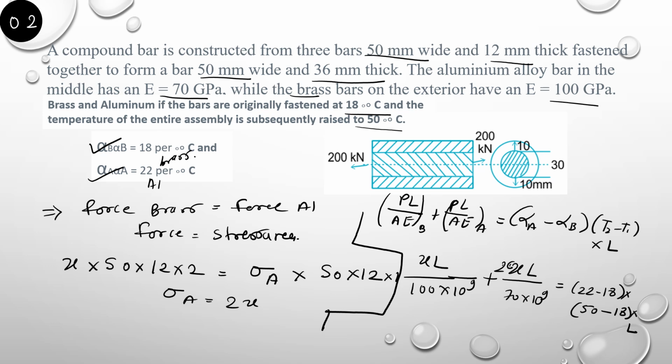After calculating these values, you get x as 3.32 megapascal, and sigma A, meaning twice x, is 6.64 megapascal. This stress for the brass gives you a tensile stress, and for the aluminium gives you the compressive stress.